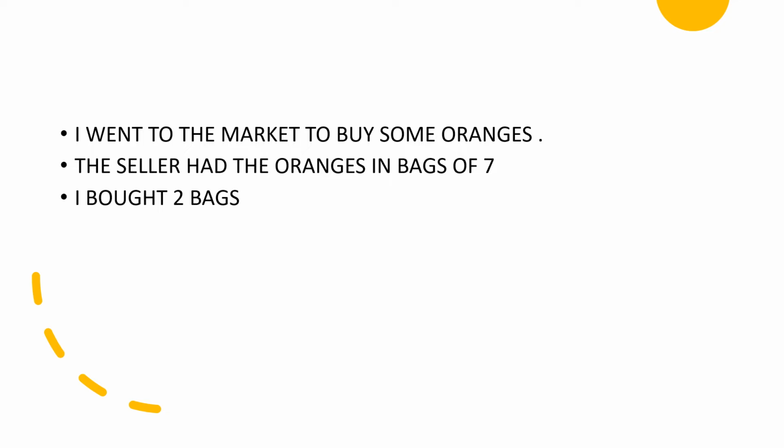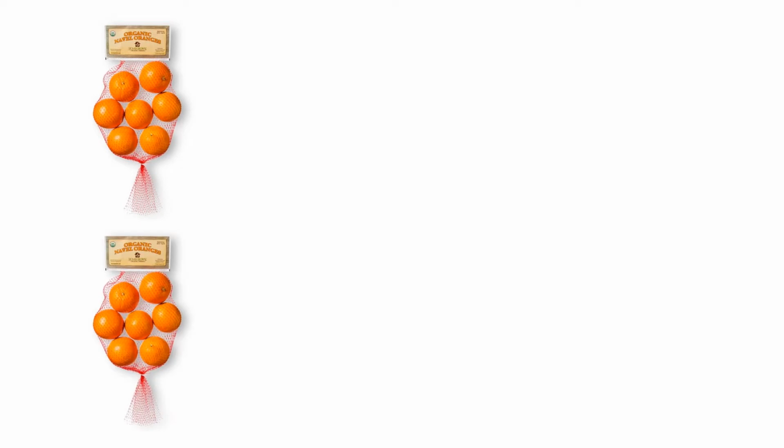Think about it. So how many oranges did I buy? 1 bag. So that's 1 bag of 7. I bought 2 bags. 2 bags of 7 oranges. Did anyone think about it as 2 times 7?